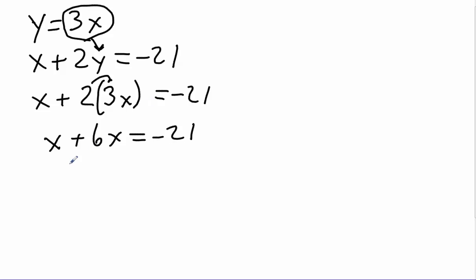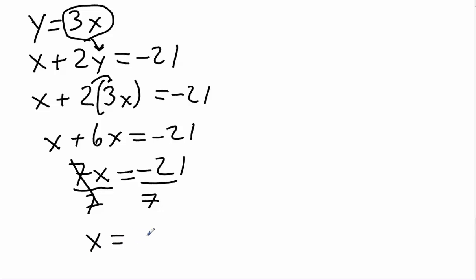And then we combine like terms: 1x plus 6x is 7x equals negative 21. Since the 7 and x are being multiplied, the inverse of that is division. Divide both sides by 7, and x is equal to negative 3.